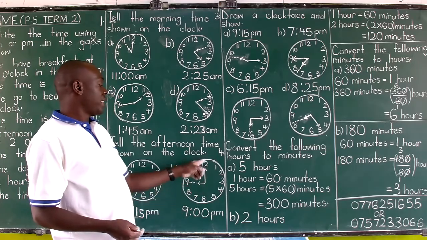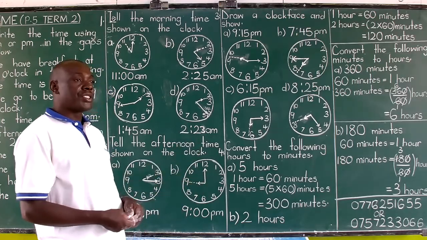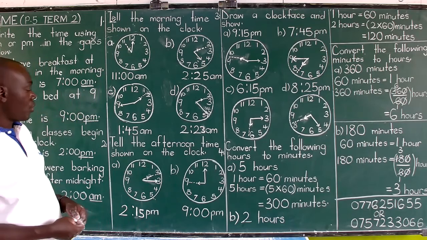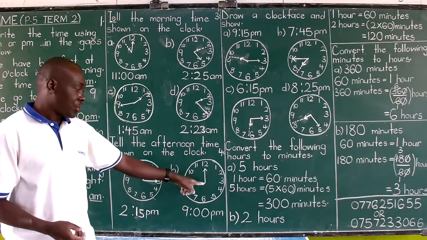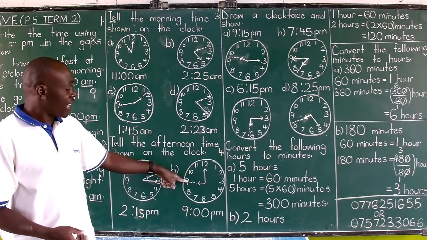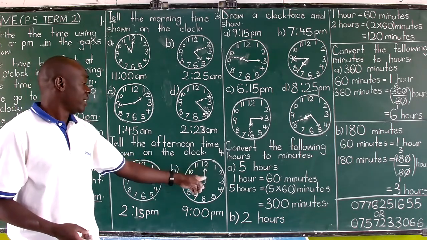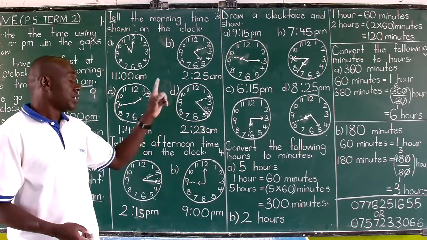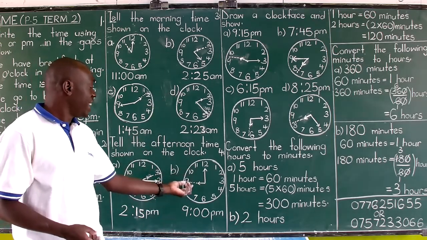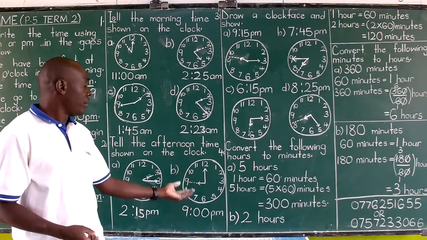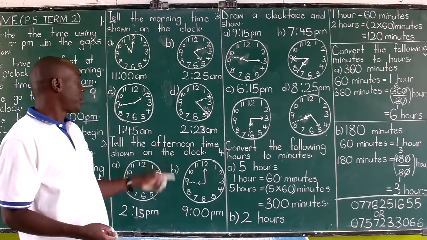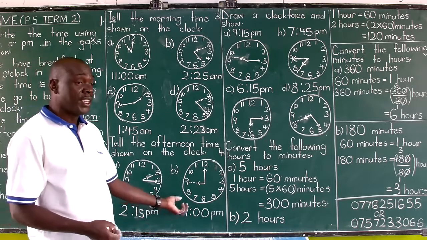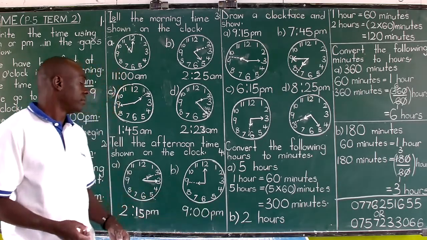But if it points directly at 12, that is no minute past the hour. So that's why the shorter hand points directly at 9 and the longer is at 12. So therefore it is 9 prompt. So no minute past. So that is 9 o'clock, but there is provision for afternoon. So it is 9 PM.